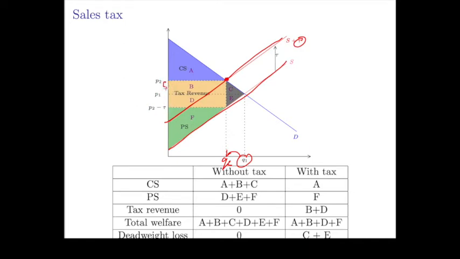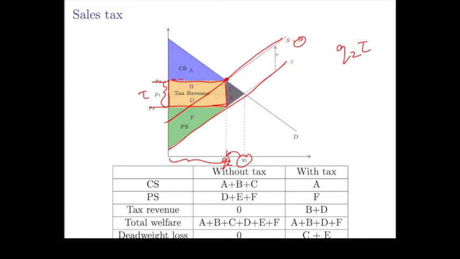This distance here, the difference between the price that the consumers pay and the price that the suppliers receive, is tau. And if the tax has been imposed, Q2 units are sold, then the tax revenue is going to be the number of units sold times the tax. So that is going to be given by the area of this rectangle.